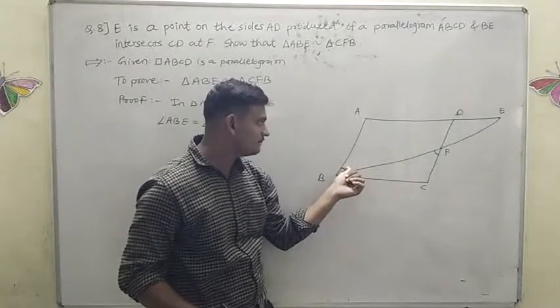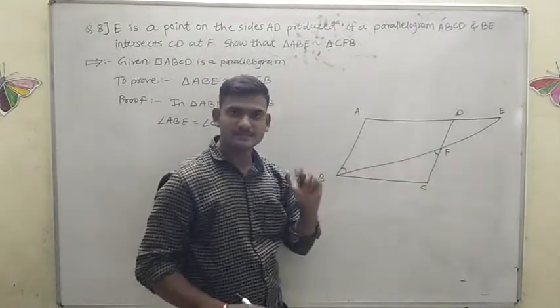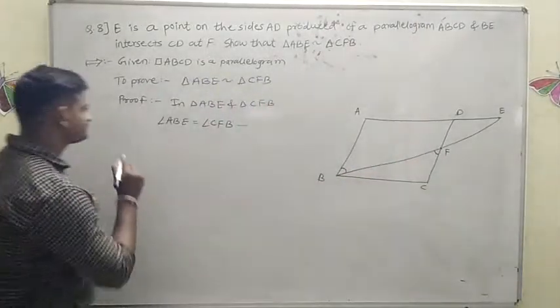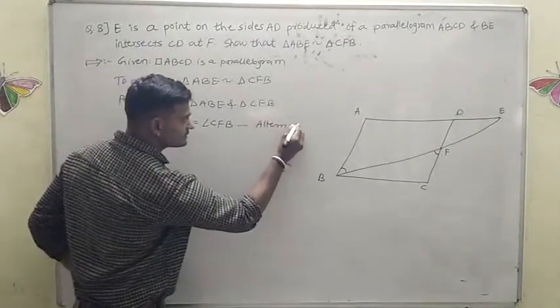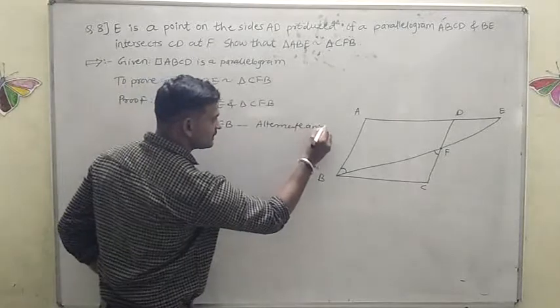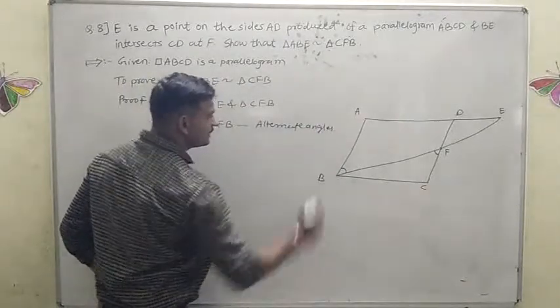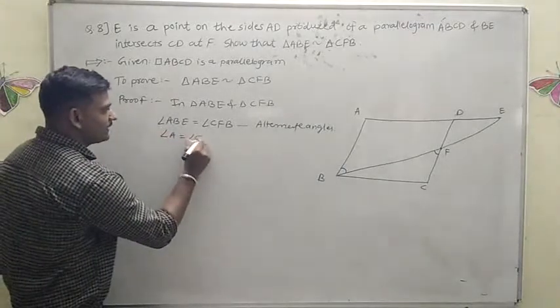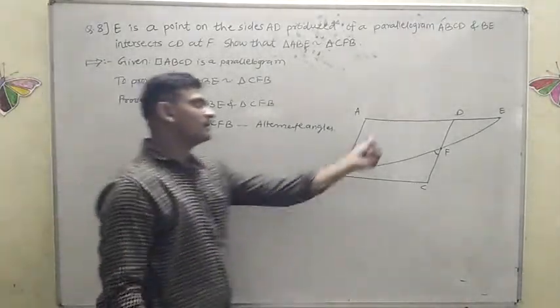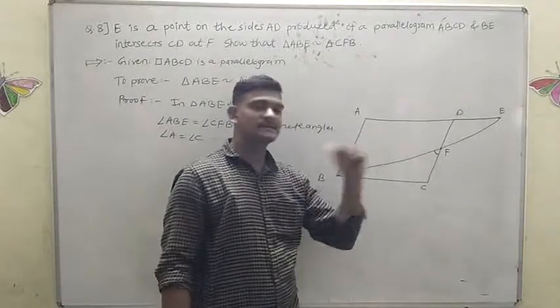Therefore, can we say that angle B is equal to angle F because these two are alternate angles? Then, can I say that angle A is equal to angle C?